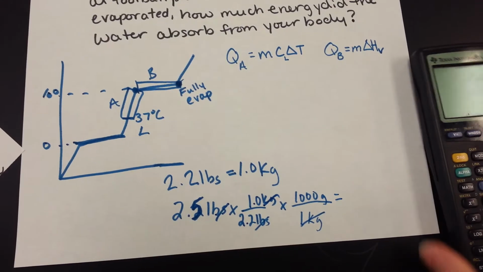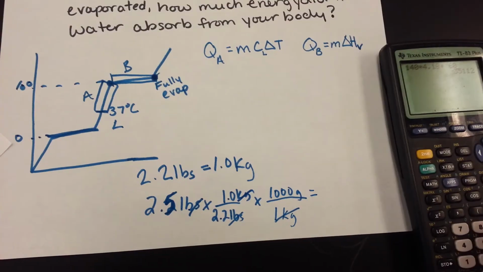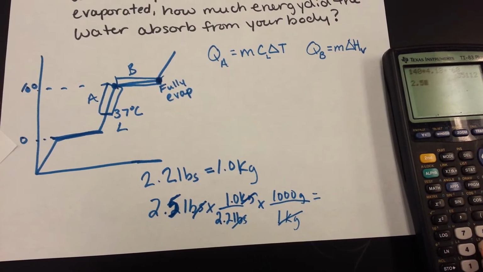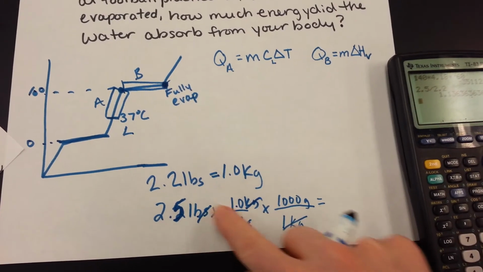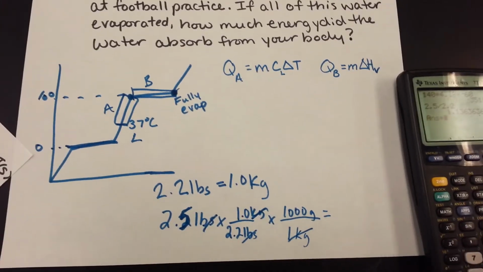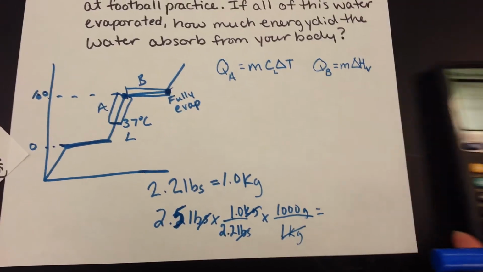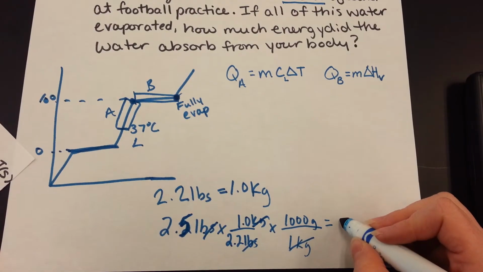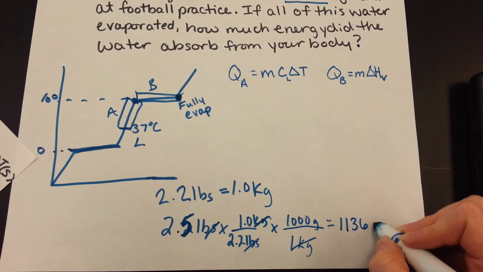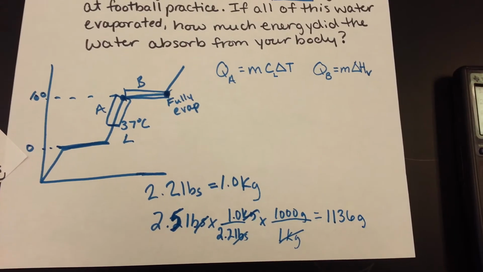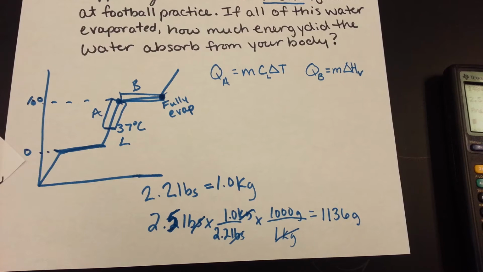Then I take out my handy-dandy calculator, and all I do is 2.5 divided by 2.2, enter, and then times 1,000. And that gives us a mass of 1,136 grams. We'll keep it to the whole number to keep it simple. 4 sig figs is extra.